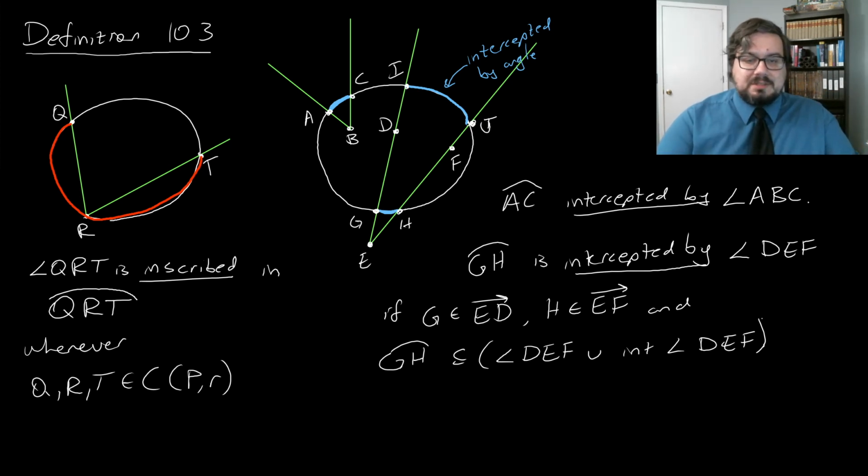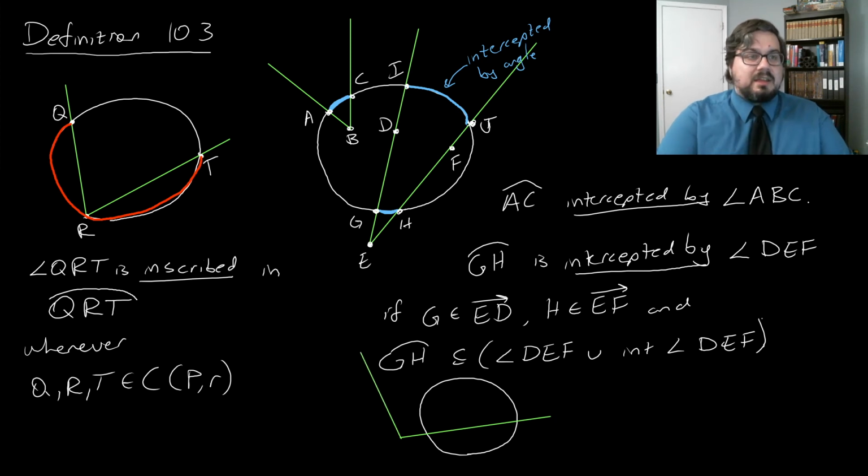So, for instance, if we had a situation like this, if we had some angle like that, we would not say that this arc here is intercepted by the angle, because it starts and ends at the same ray of the angle.